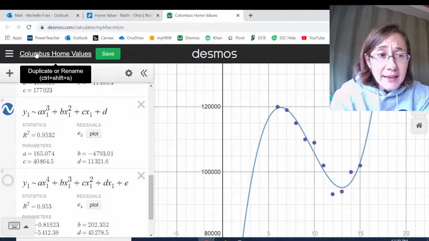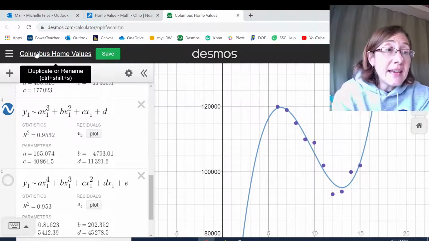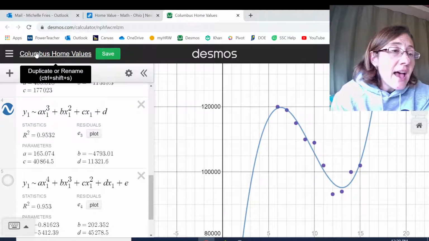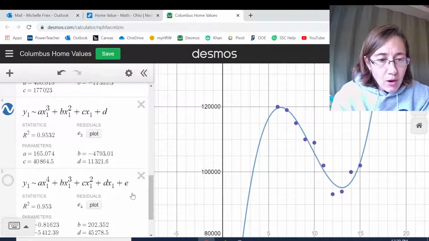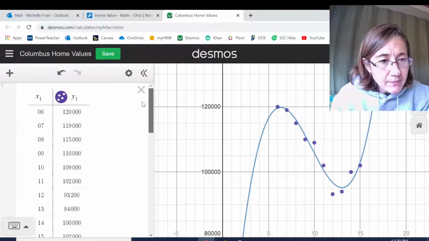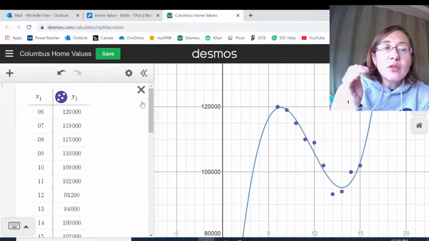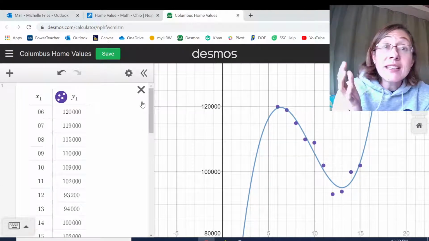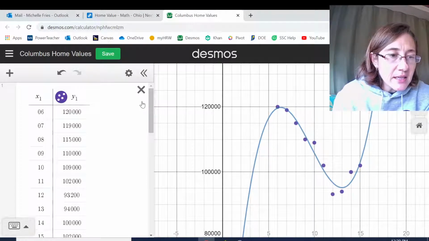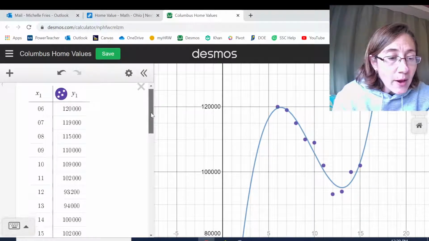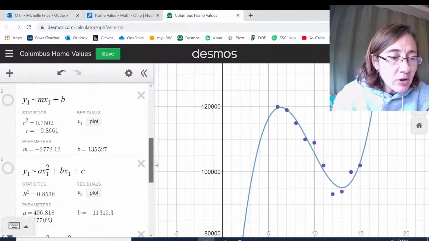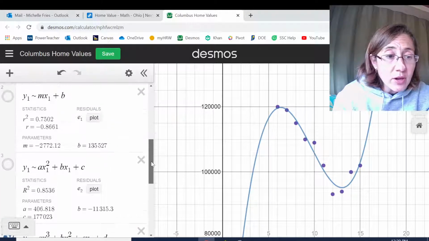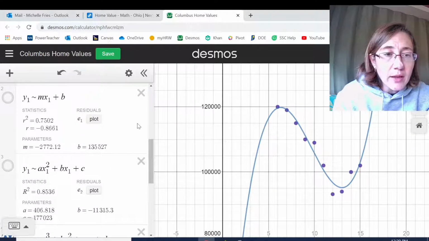So I would duplicate it and then name it the other two cities, and then just change the y column here to reflect the value of the houses in those cities. That would be the easiest way for you to do this, because that way these regression models are already typed in for you, and you can just turn them on and off at will.